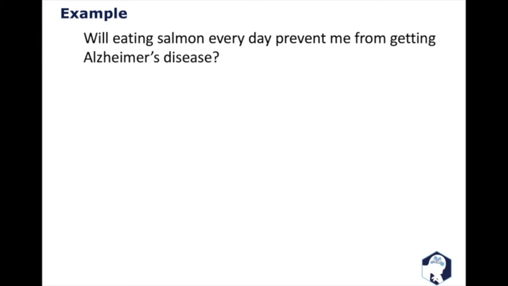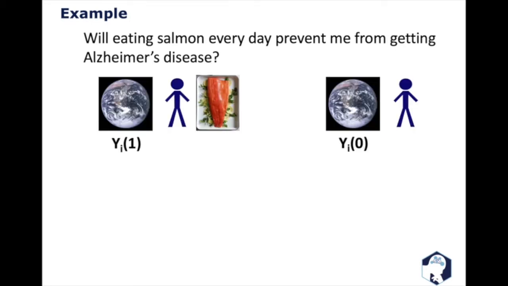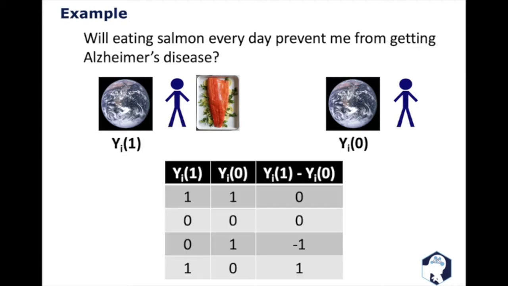So as an example, suppose I wanted to know if eating salmon every day would prevent me from getting Alzheimer's disease. If I could observe myself in a world where I eat salmon every day, as well as in a world that's exactly the same with respect to every single factor and timeline and so forth, not eating salmon every day, then I could observe the causal effect of eating salmon.